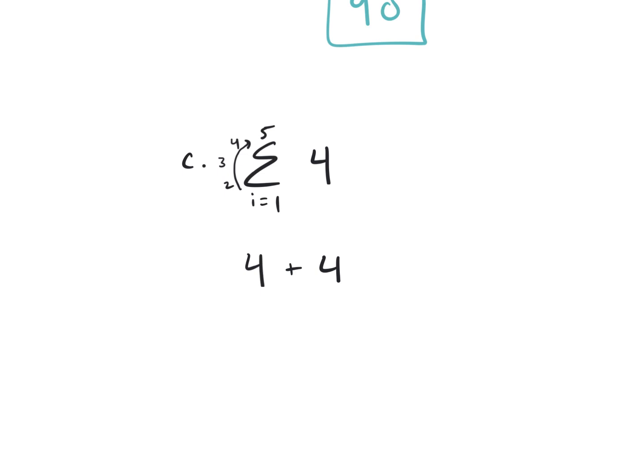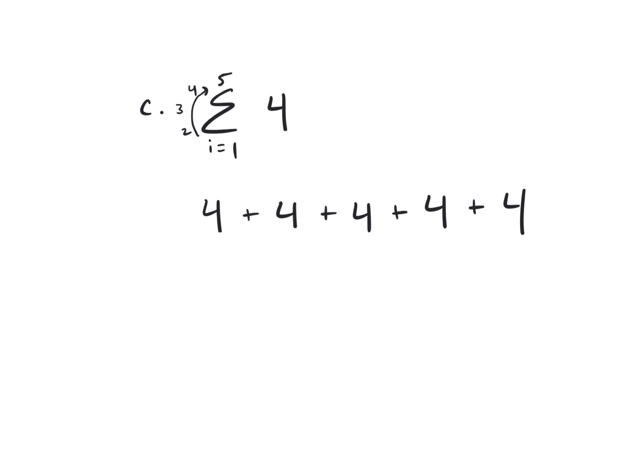If I plugged in 3, what would we get? 4. If I plugged in 4, what would we get? 4. If I plugged in 5, what would we get? 4. So when we add up all of these together, 4 plus 4 plus 4 plus 4 plus 4, we would get 20.